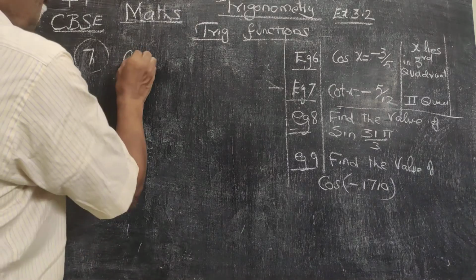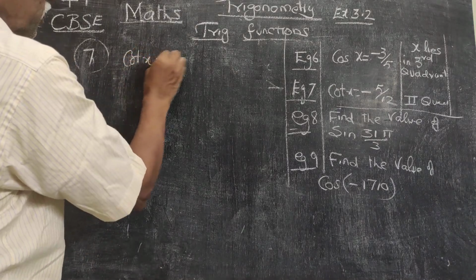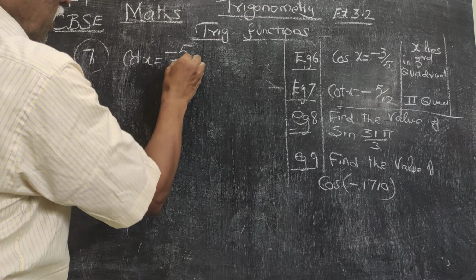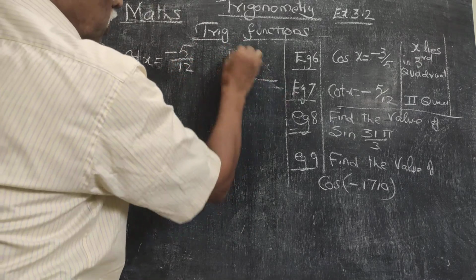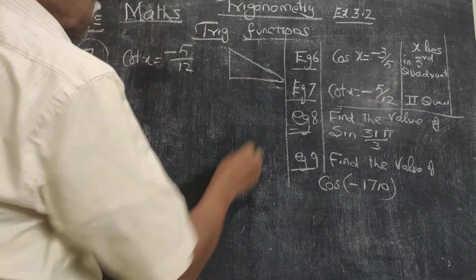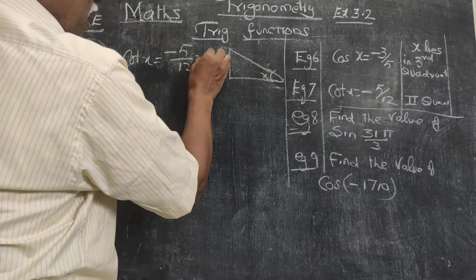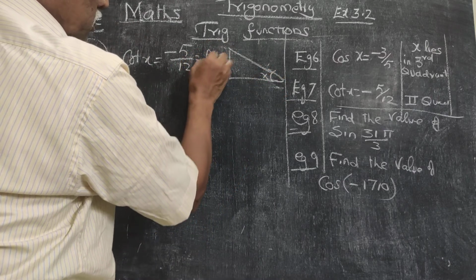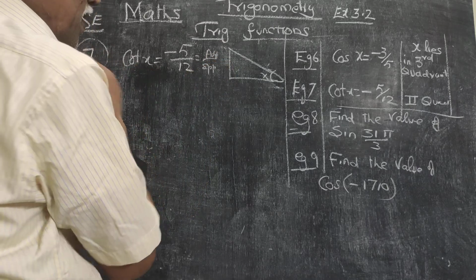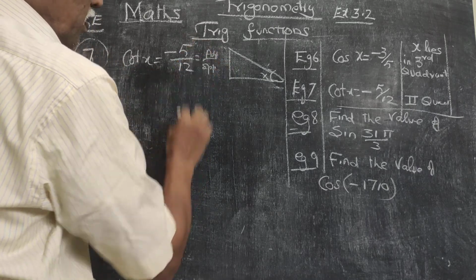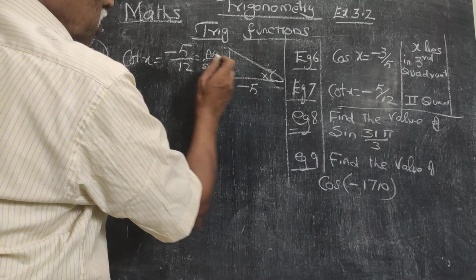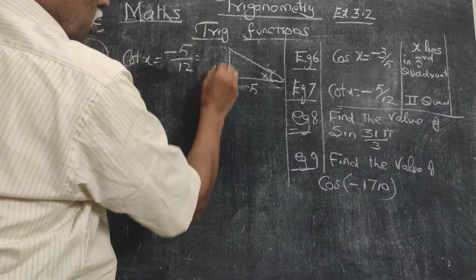Given cot x is equal to minus 5 by 12. Again go to a right triangle, mark somewhere. So cot theta is adjacent side by opposite, because tan is opposite by adjacent. So this is 5 and this is 12.